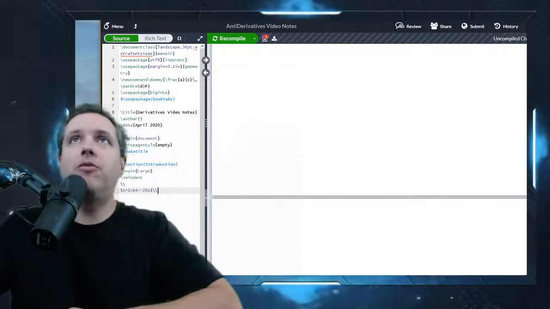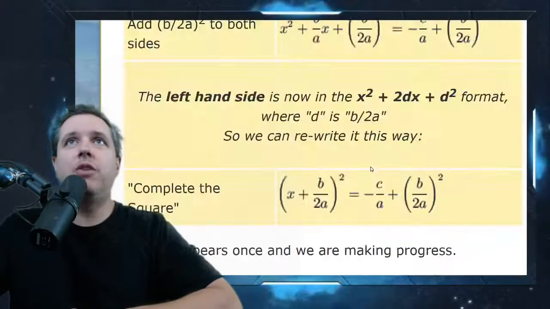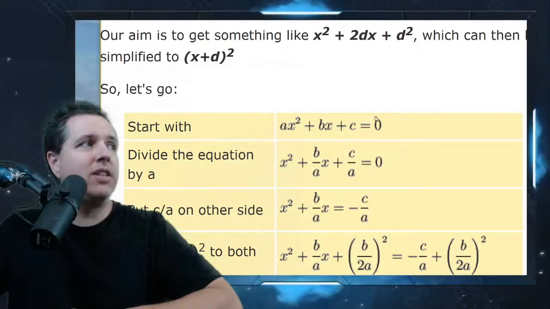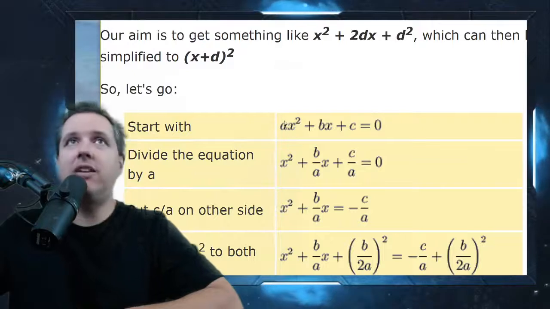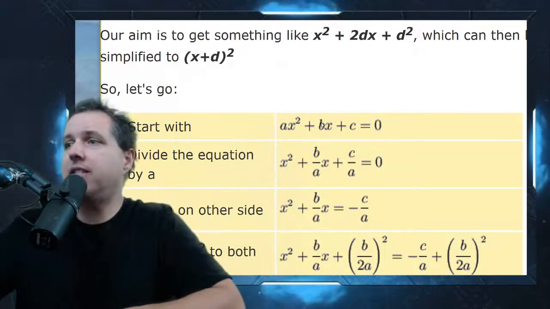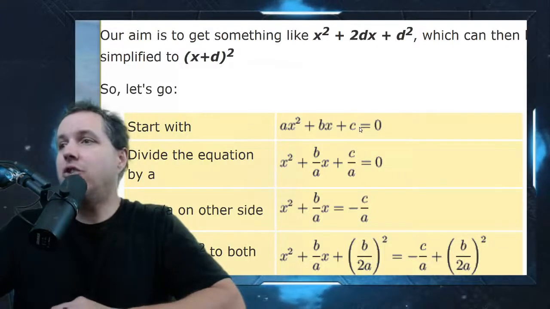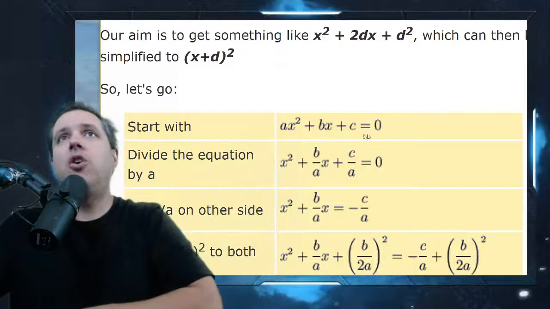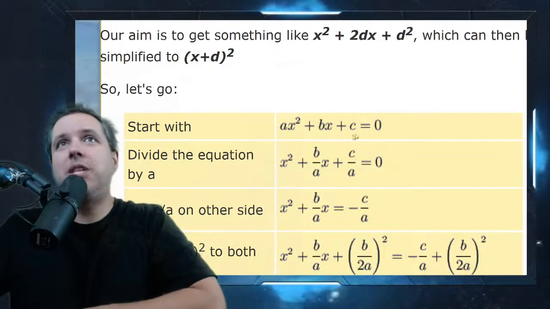So let's go back to the form that we want things in if we're going to apply the quadratic formula. The whole quadratic formula is derived from something written in this form, where we identify the a as the coefficient on x squared, the b as the coefficient on x, and the c as your constant. But notice that it has to be in this form where everything's on the left and then zero's on the right.